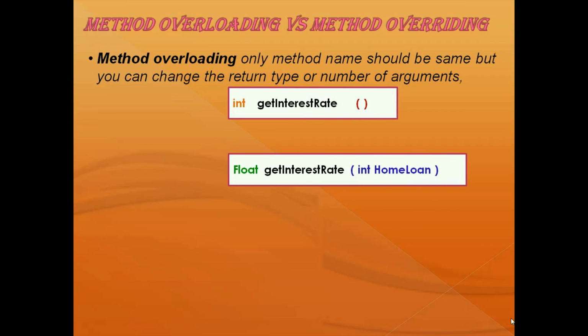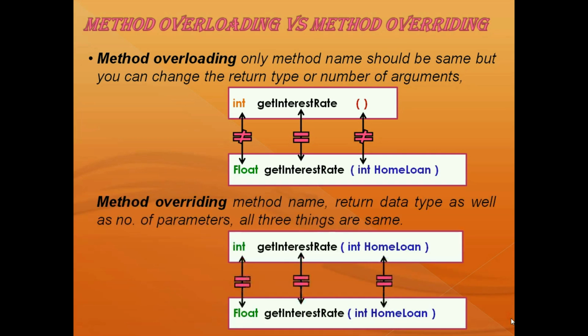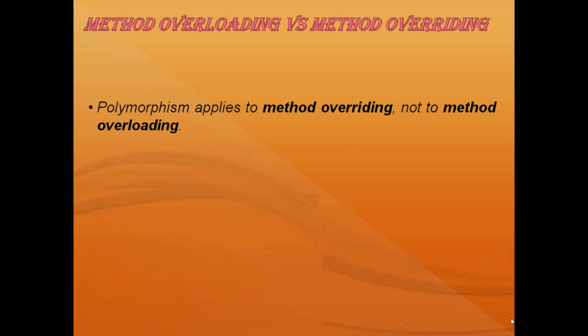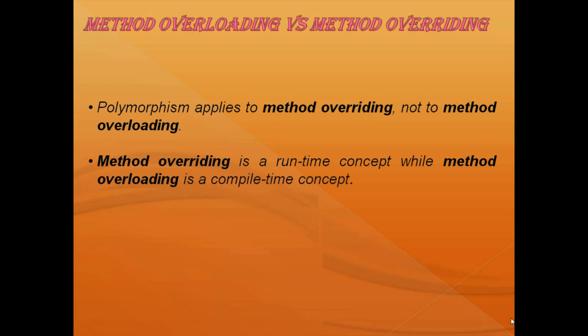In method overloading, only the method name should be the same, but you can change the return type or number of arguments. But in method overriding, the method name, return data type and number of parameters should all be the same. Polymorphism applies to overriding, not to overloading. Overriding is a runtime concept while overloading is a compile time concept.